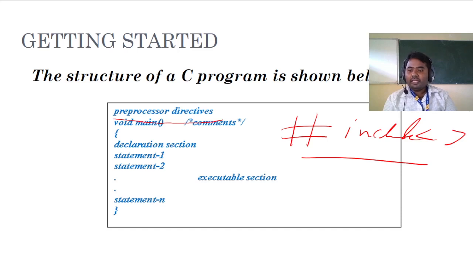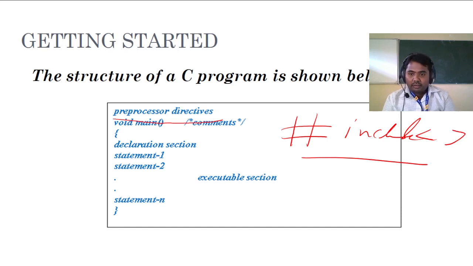The next thing is the declaration section. Inside the main function, within the opening and closing curly braces, we write the declaration part. The declaration section is the process of declaring variables. A variable is just a name given to a memory location, where that memory location contains the value.